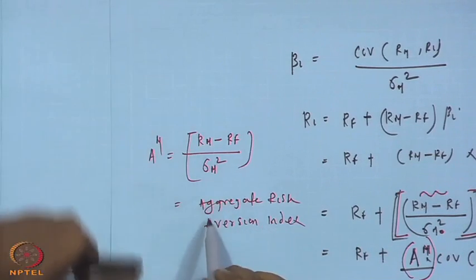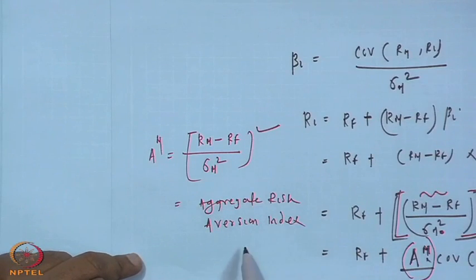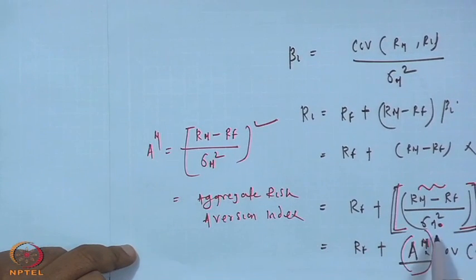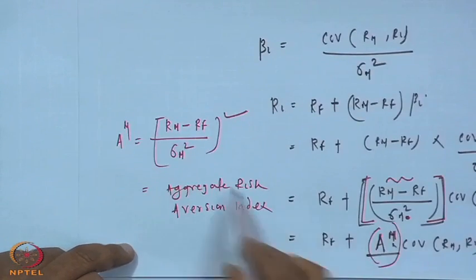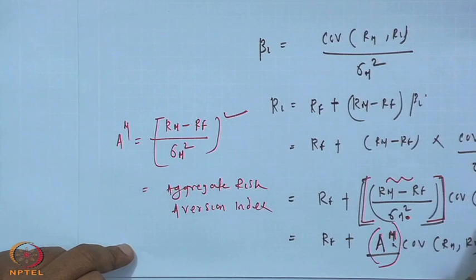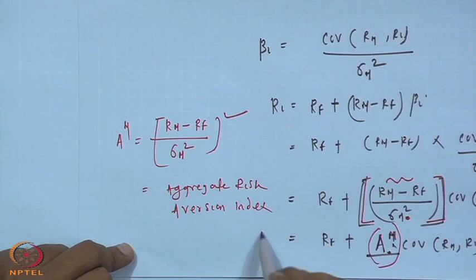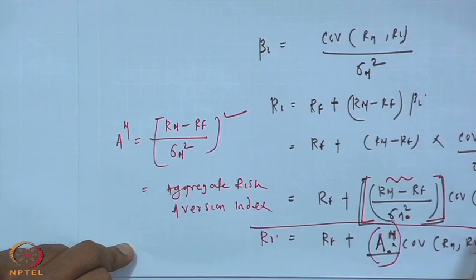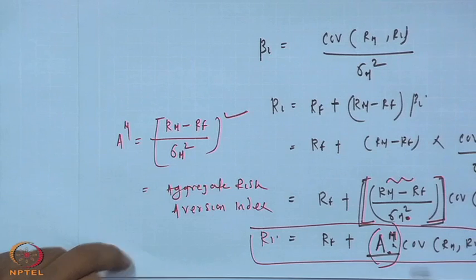If you put this separately, it is linked to the covariance of the market and the individual equity, and that along with the risk aversion index gives us what is called the international capital asset pricing model.